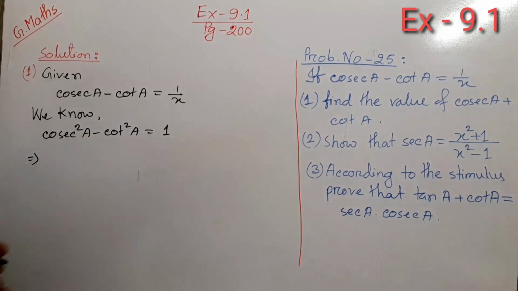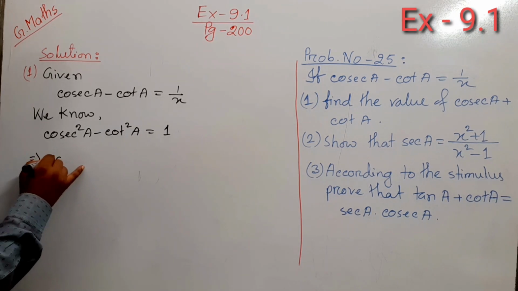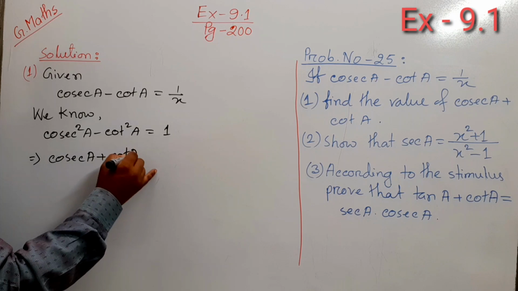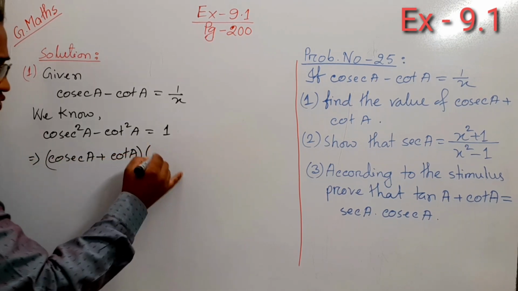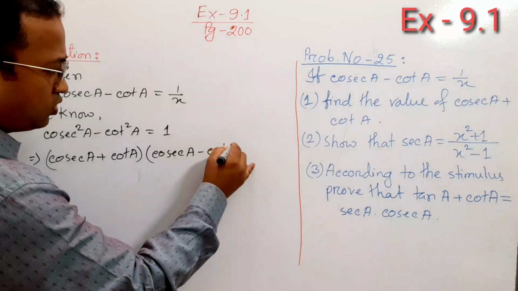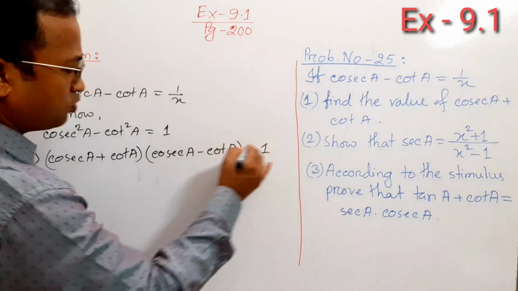Now we can apply our formula A square minus B square, that is, cosec A plus cot A into cosec A minus cot A equals 1.